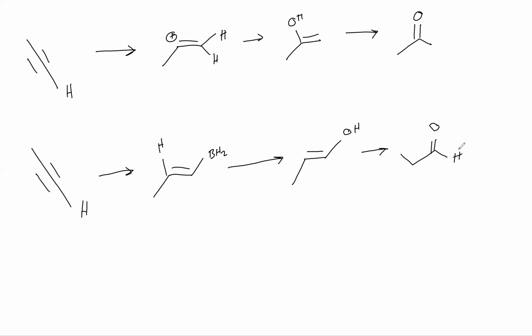The way that I remember aldehyde is aldehyde has an H in the name, and the aldehyde here has an H at the end of it, okay? So we can see here with terminal alkynes, whenever we do acid catalyzed hydration, we will still end up with ketones after tautomerization. However, with hydroboration oxidation, we're going to get an aldehyde after tautomerization. That's the big difference here. Okay? Does that make sense for everybody?